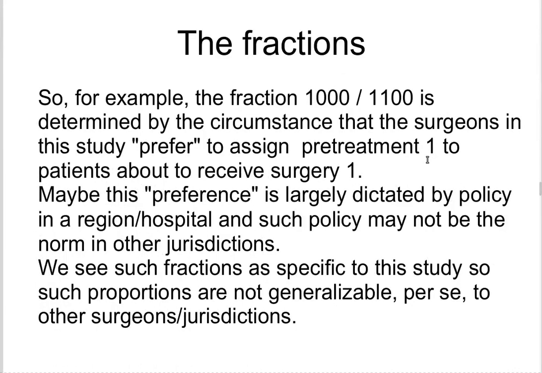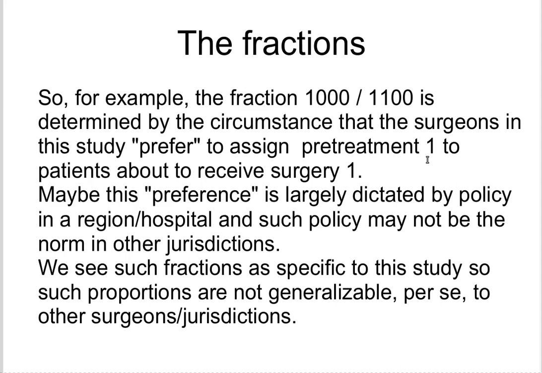Now, a little bit of context that might be appropriate here, given the circumstances. It could be that the surgeons in this study prefer to assign pretreatment 1 to patients about to receive surgery 1.